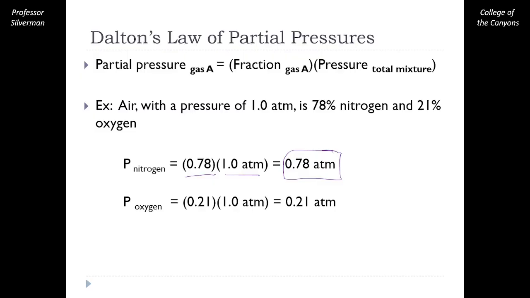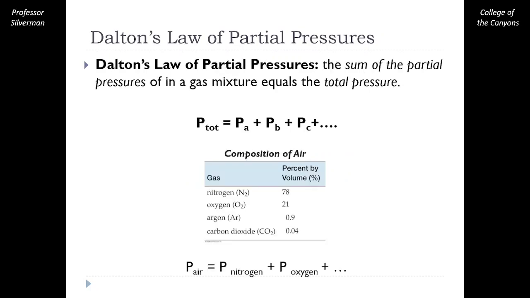Thinking about kinetic molecular theory, the more gas that's present, the more collisions that occur, the more pressure that is there because of that gas. Moreover, the total pressure of our mixture is simply the sum of all the partial pressures in that mixture.